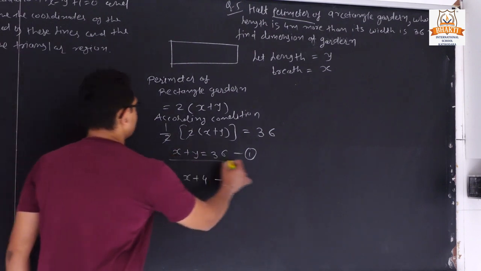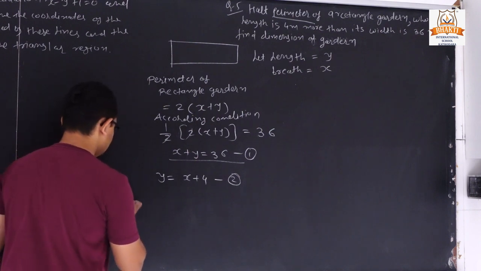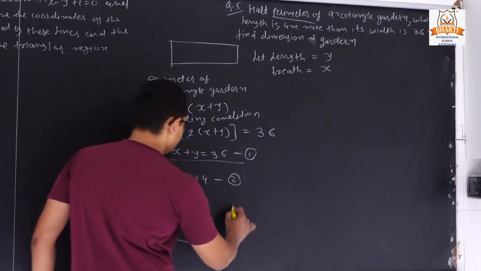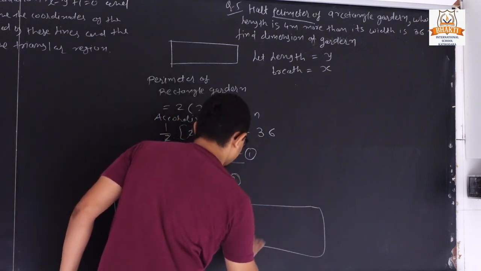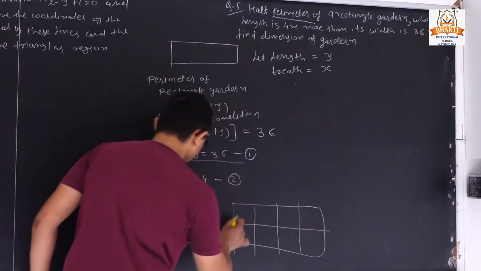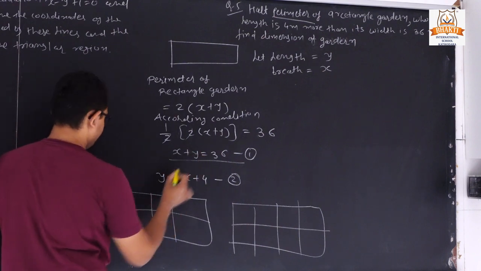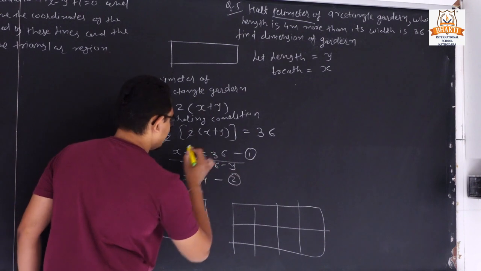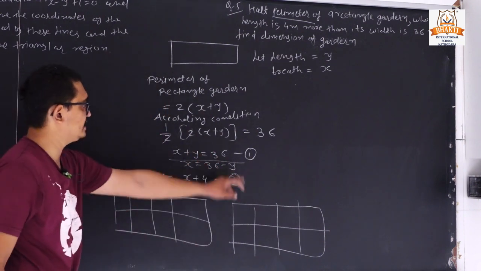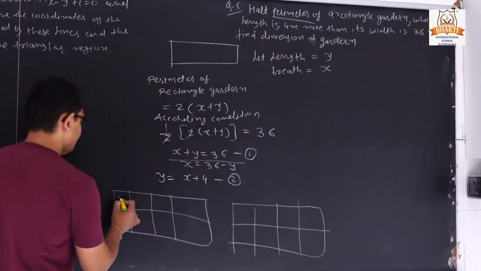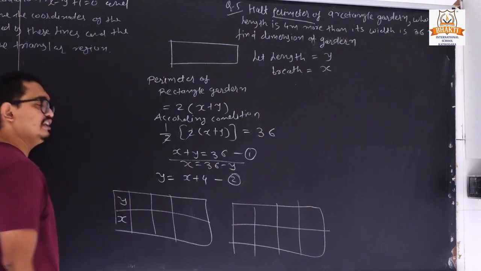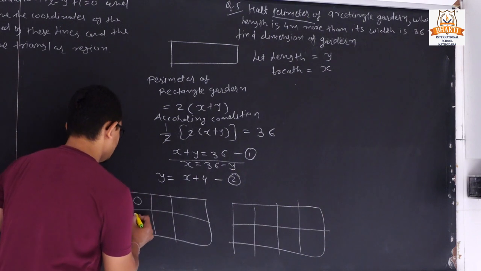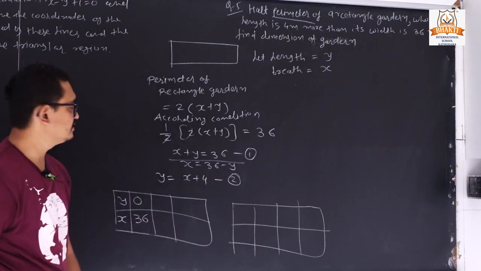So for the first equation, here I am making one chart, and here it is for the second. First of all, x = 36 - y. Putting y = 0, the answer is 36.